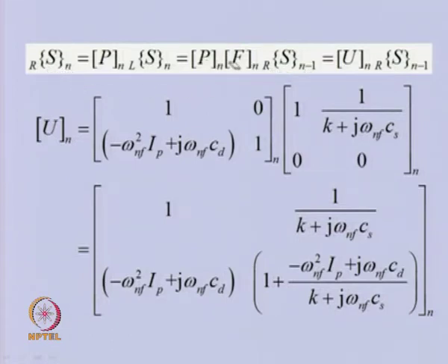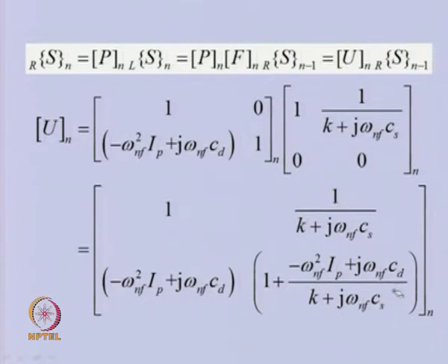This P into F is the transfer matrix which relates the right of the n minus 1 disk to the right of the nth disk, and we get this transfer matrix by multiplying P with F, and this is its form.